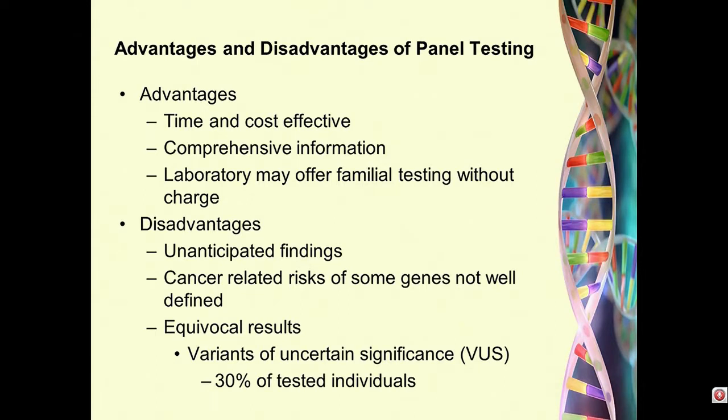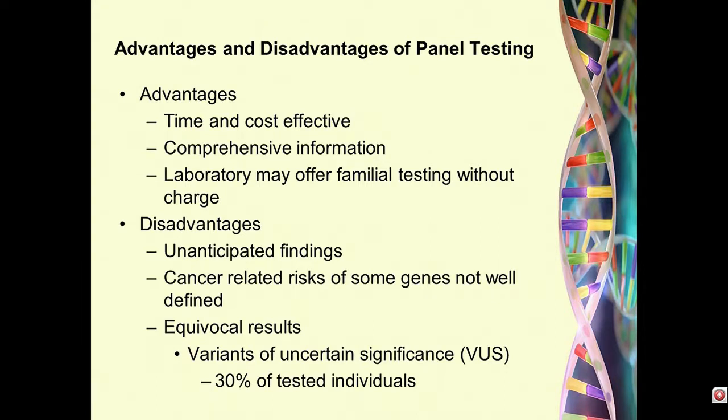There are also some disadvantages of panel testing. Sometimes we have an unanticipated finding. For example, we find a mutation in a gene which is associated with cancers that might not have been observed in that family, and we weren't really expecting that test result.